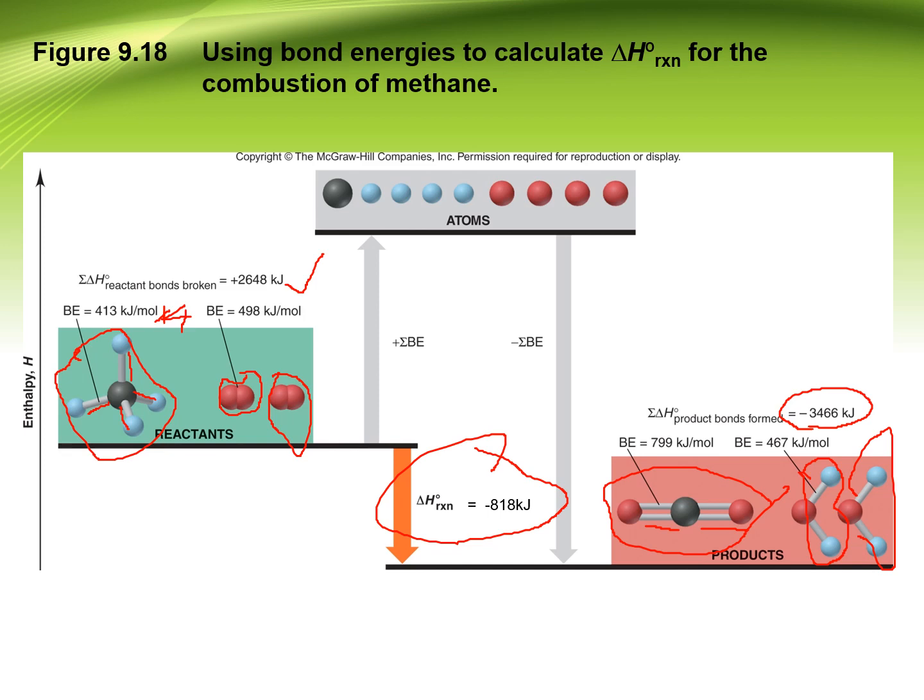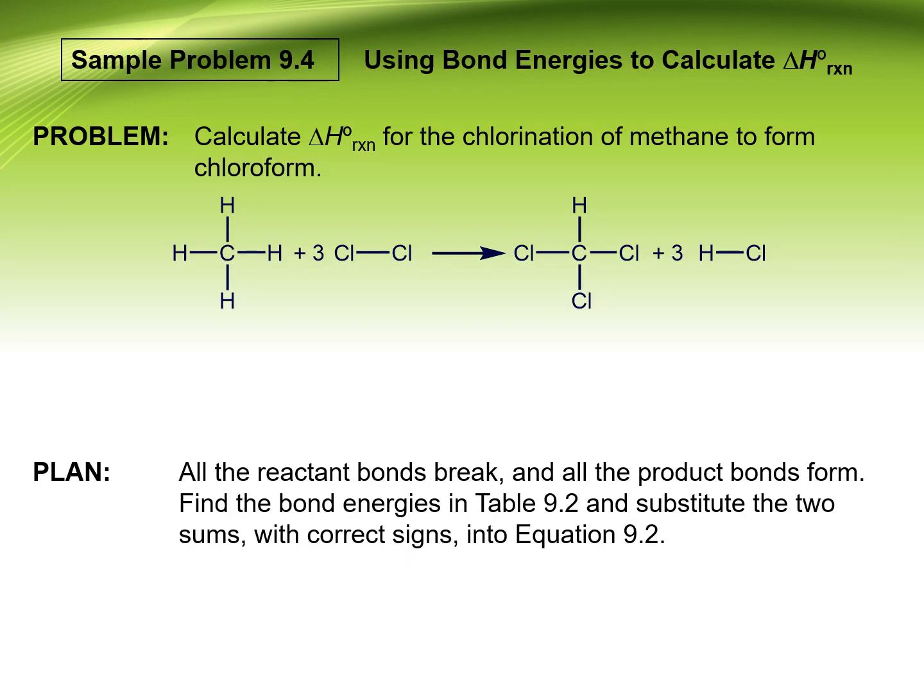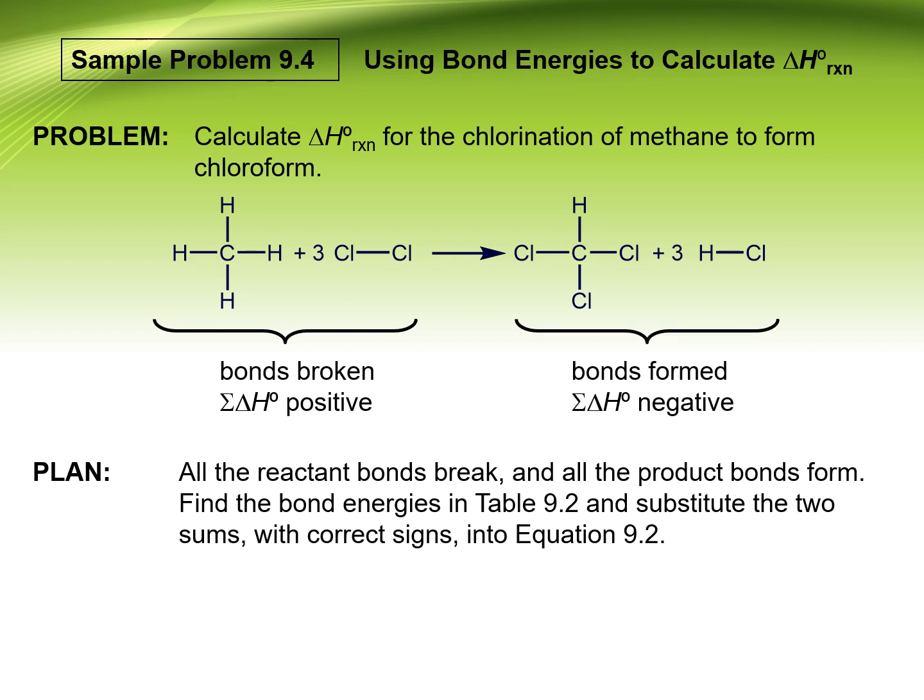combustion of methane. Okay, this is an example of a question that requires you to calculate the enthalpy of reaction for the chlorination of methane to form chloroform. Remember, during a chemical change, there are bonds broken and bonds formed. First, you must calculate the bond energy for each bond in the reactants and in the products.